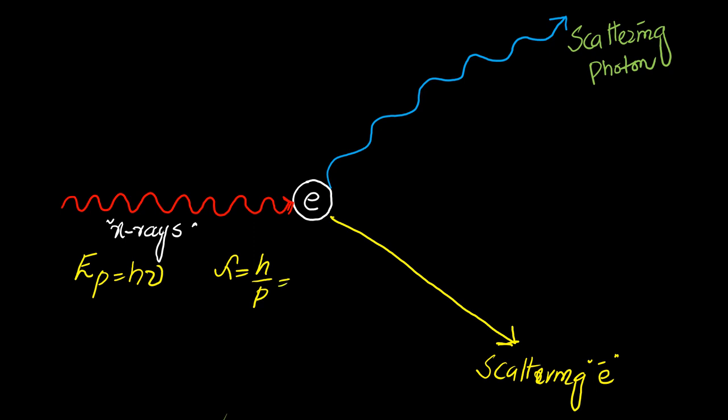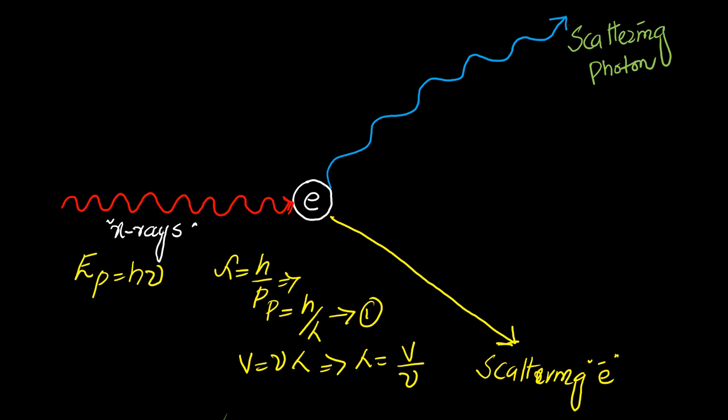So p will be equal to h divided by lambda. Suppose this is equation number 1. Velocity v is equal to nu into lambda, so lambda will be equal to v divided by nu.